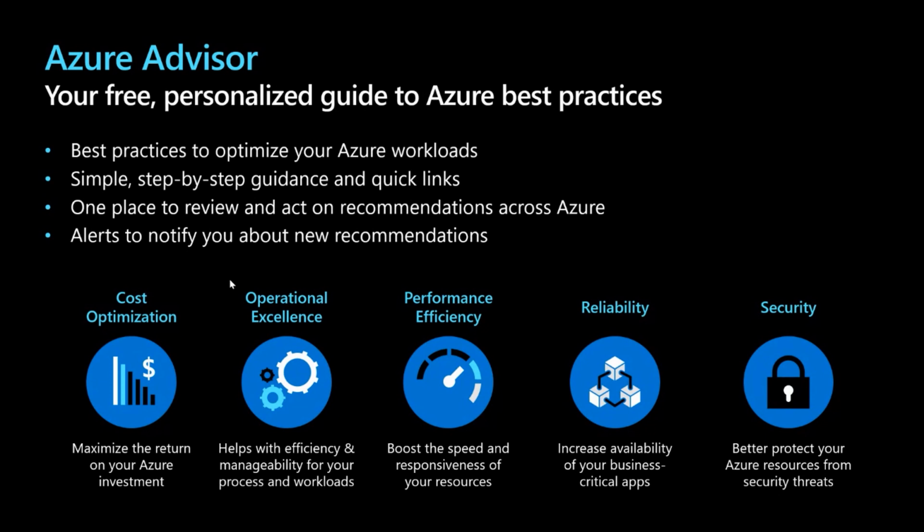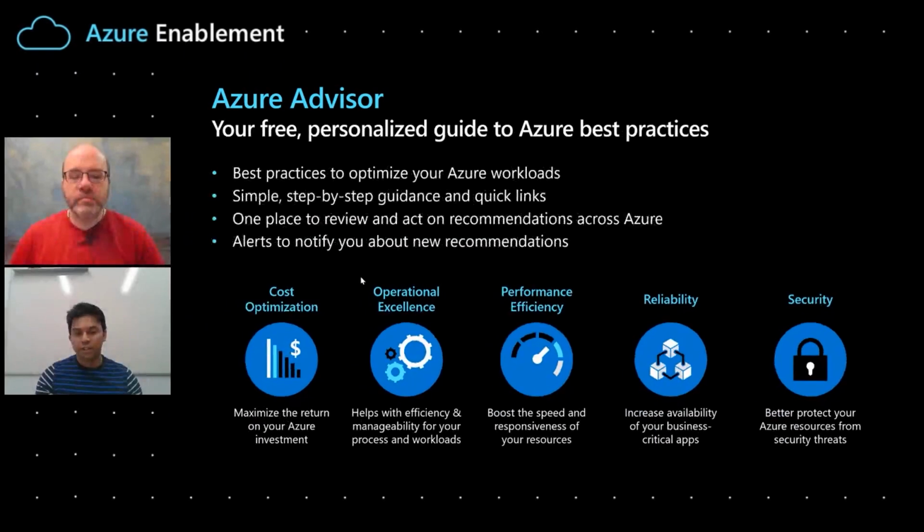So all the categories you see in Advisor are the same categories which your distributed responsibility challenge will cater to. So for example, cost is one category. The other categories are performance, reliability, security, and operational excellence. So your different teams in your organization focusing on one category in Advisor are taking care of different pillars of the Well-Architected Framework. So let's now talk about how Advisor generates the recommendations.